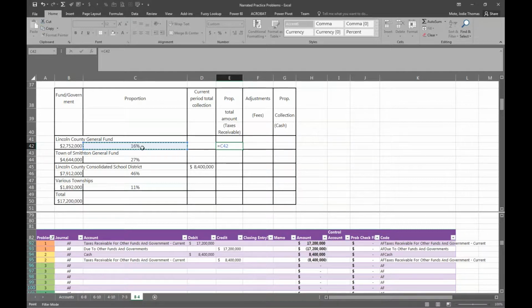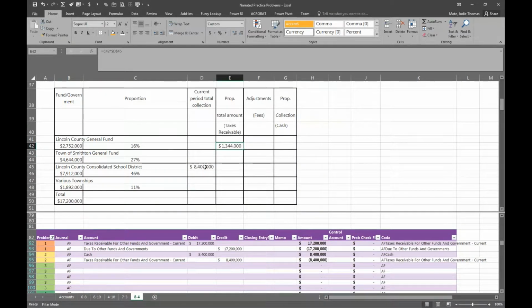This times this, and let's fix our cell reference there. So we get this, we got 2268 for this county, and this. So you can see the various receivable amounts here. This table is kind of giving you a hint at what the receivable amounts are going to be that are specific to these various other funds, the gross receivable amount.